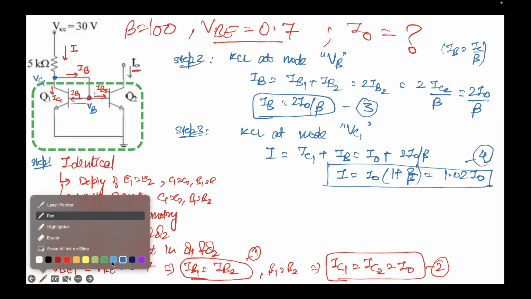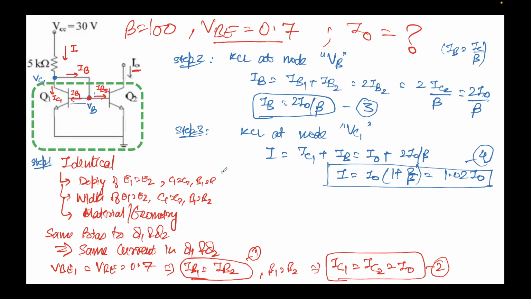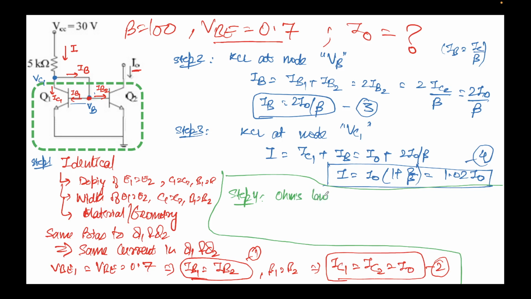Now let's do step 4, which is in green. In step 4, I'll apply Ohm's law across the 5 kilo ohm resistor.